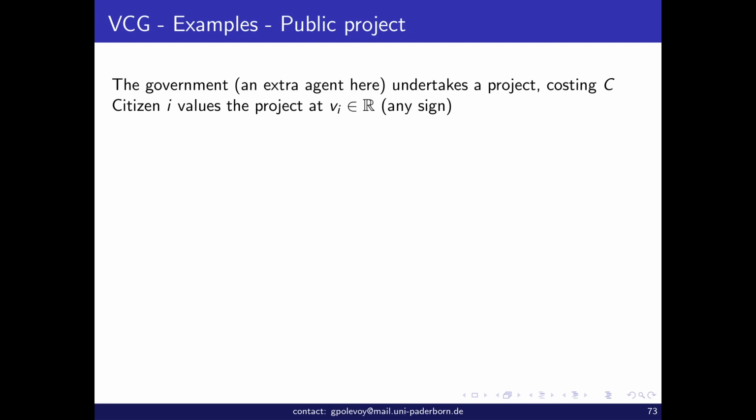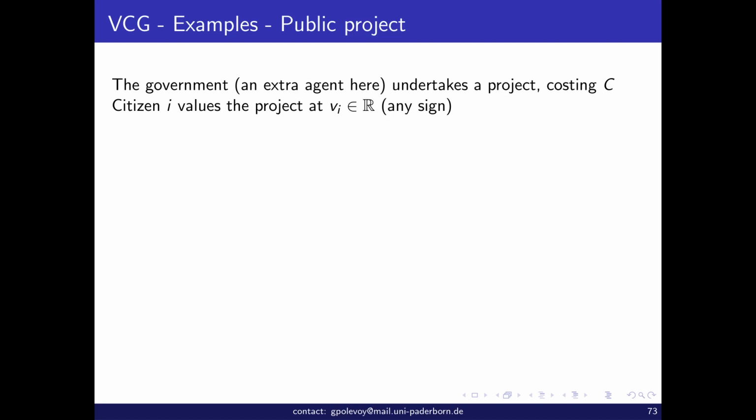So here we take it as an extra agent in order to be formally within the framework of what we did. So it undertakes a project which costs C, capital C. Now each one of the n citizens values the project at some v_i, maybe positive or negative.